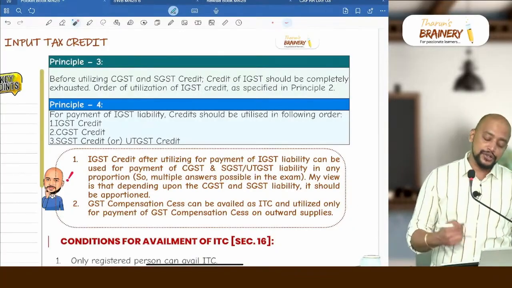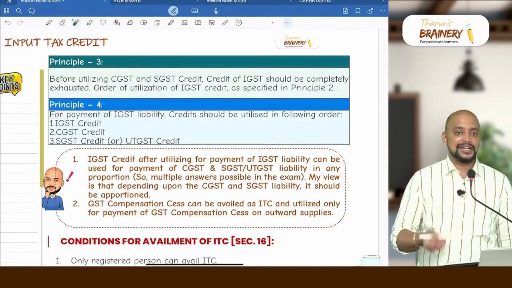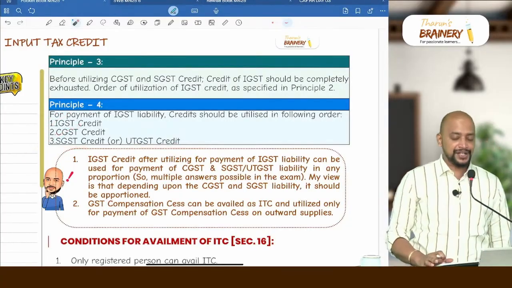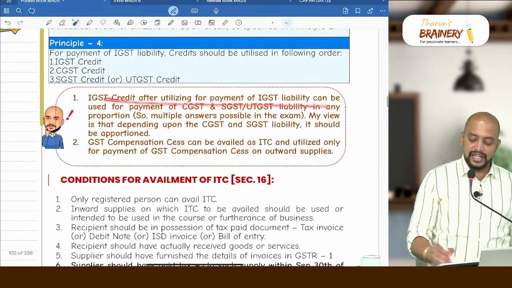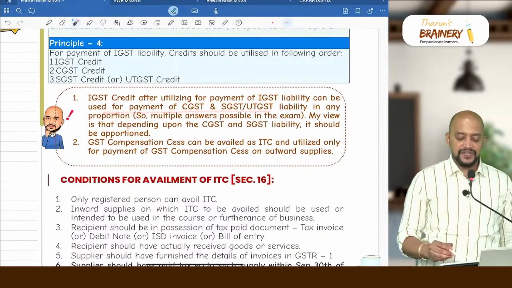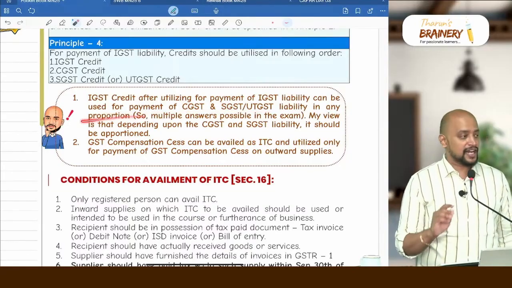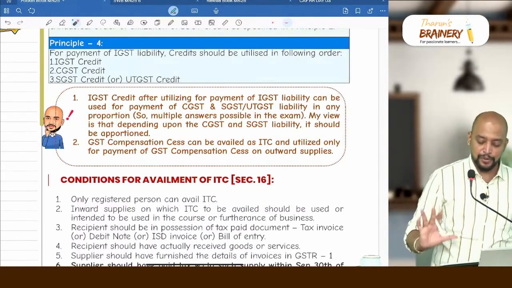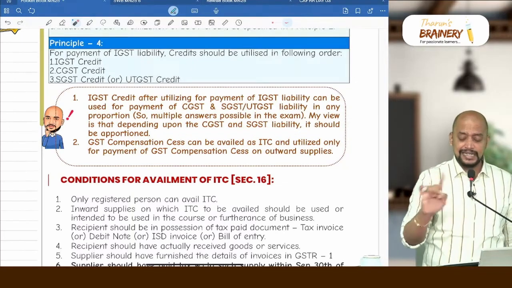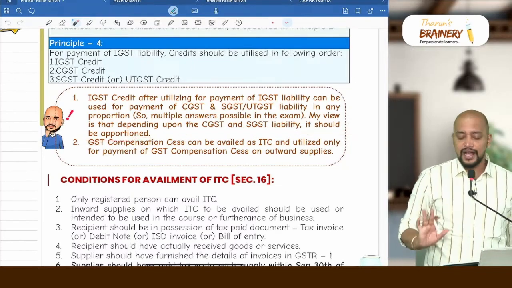Which credit do I need to use first? I need to use IGST credit, and thereafter CGST credit, and thereafter SGST or UTGST credit. IGST credit after utilizing for payment of IGST liability can be used for payment of CGST, SGST in any manner, any proportion. So multiple answers are possible. My view is that depending upon the CGST, SGST liability, it should be apportioned.